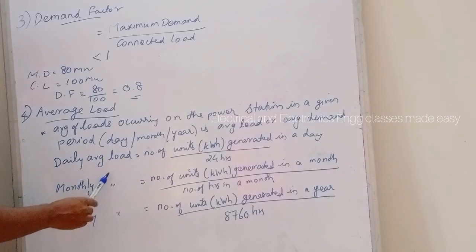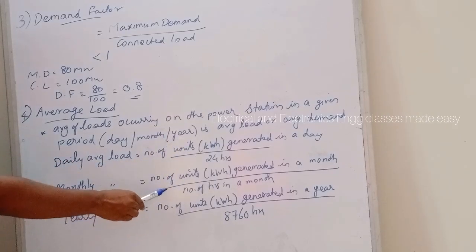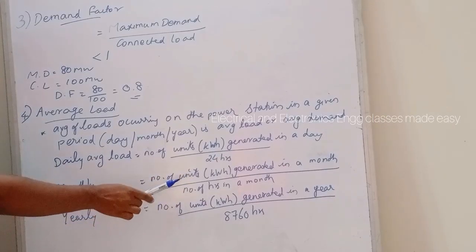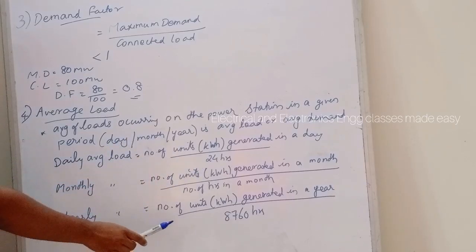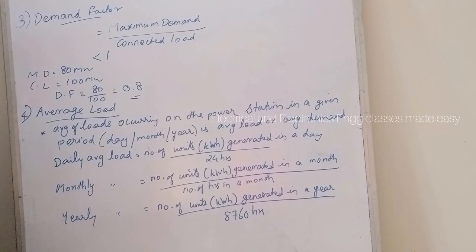Monthly average load is the number of units generated in a month divided by the number of hours in a month. And yearly average load is the number of units generated in a year divided by 8760 hours. So that is about the average load.